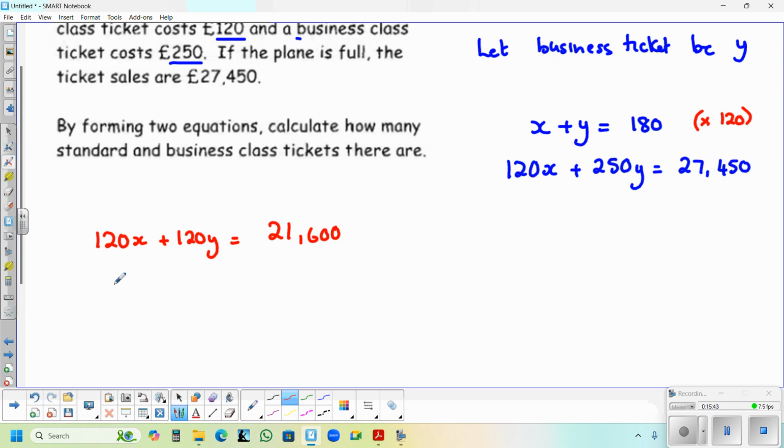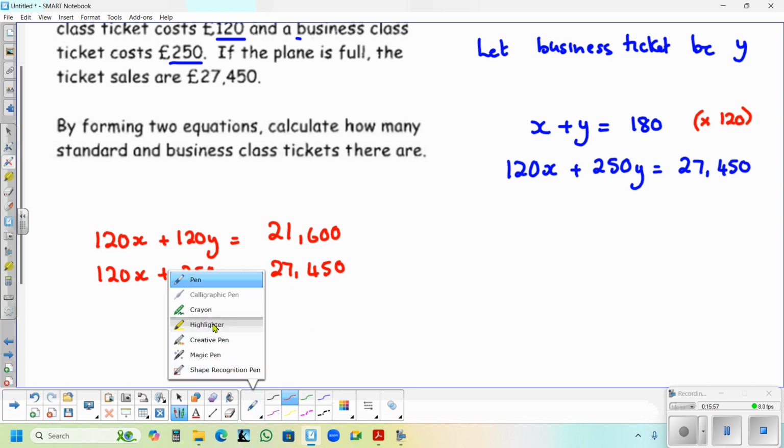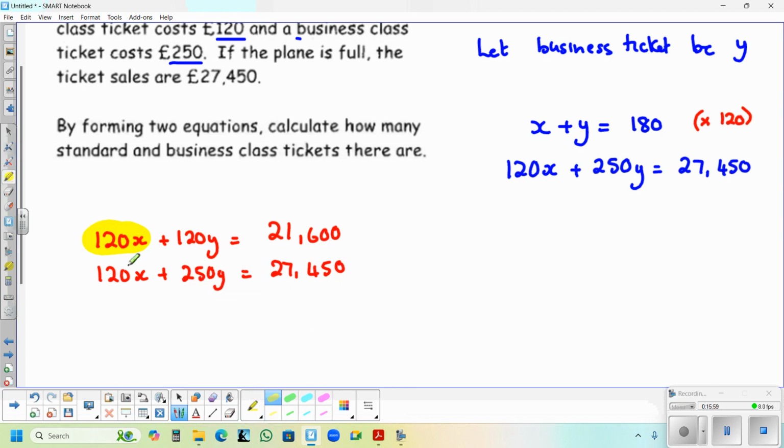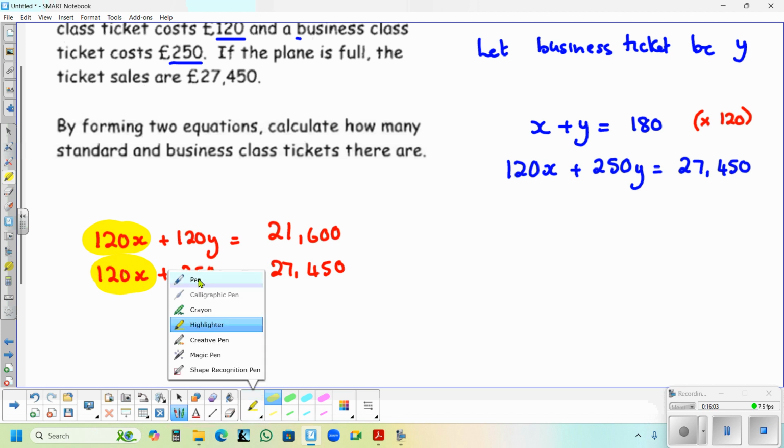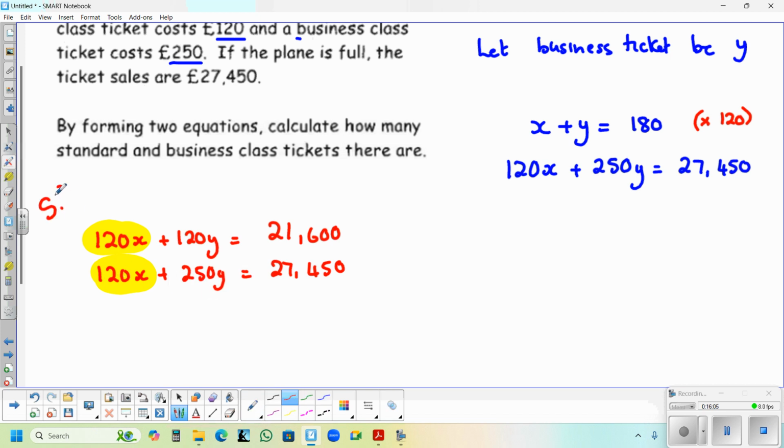The other equation I've got is 120x plus 250y is equal to 27,450. So we are eliminating the x terms. They're both positive, so it's same sign subtract. So this is an S, S, S: same sign subtract.